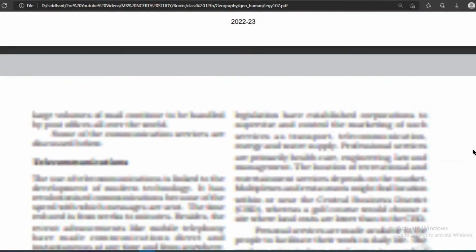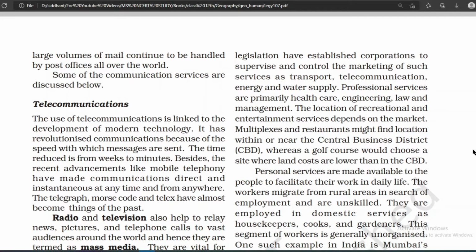State and union legislation have established corporations to supervise and control the marketing of such services as transport, telecommunication, energy and water supply. Professional services are primarily healthcare, engineering, law and management.